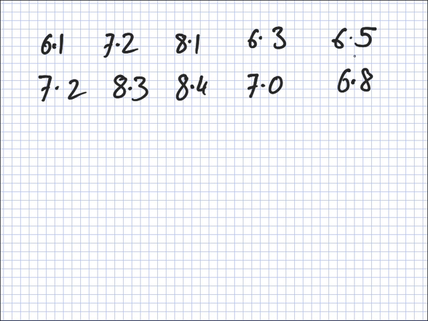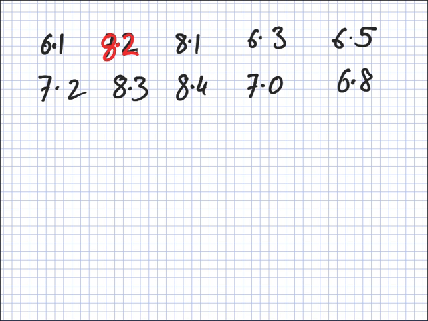I don't think any two of those are the same. 7.2 came up twice? Oh, let's take care of that then. 7.4. 8.2 then, okay. Now none of them are the same, right?